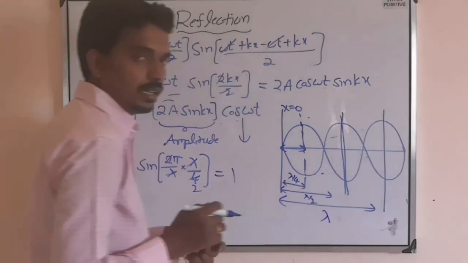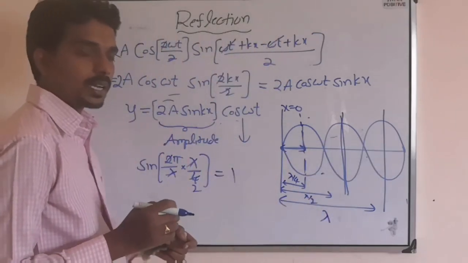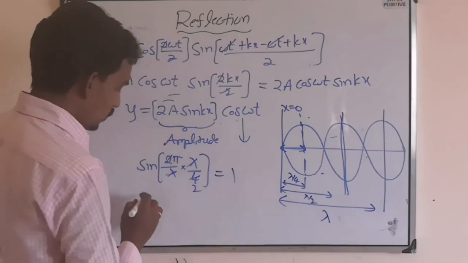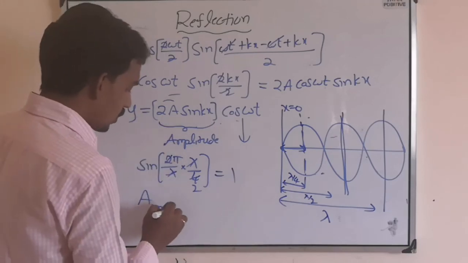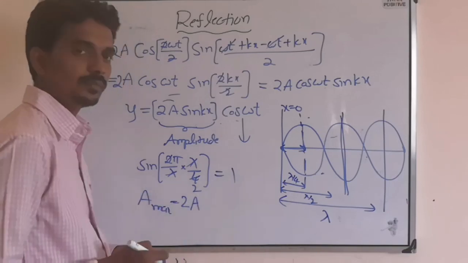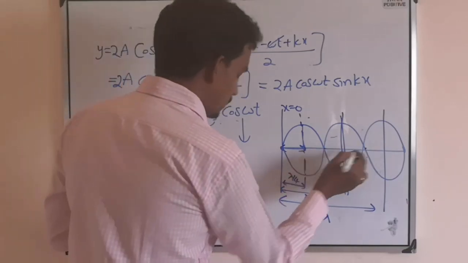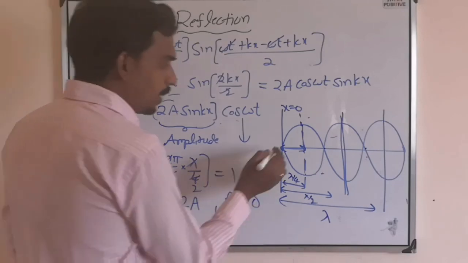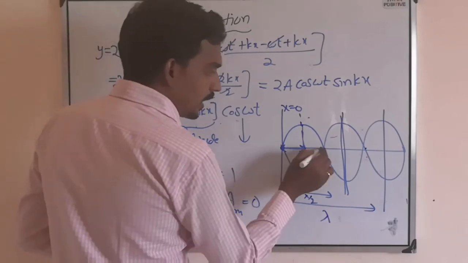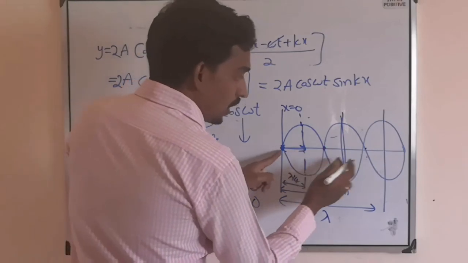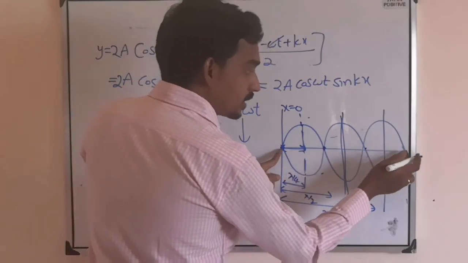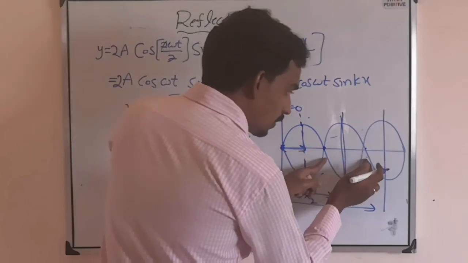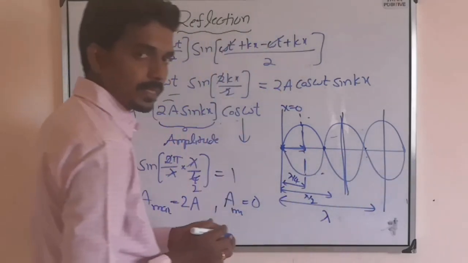the amplitude of the particles is maximum. How much is it? 2a. A maximum is how much? 2a. A minimum is how much? 0. A minimum is at x equal to 0, x equal to lambda by 2, x equal to lambda, next x equal to 3 lambda by 2.